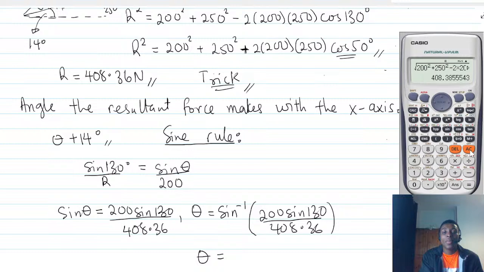Okay, so let's pick our calculators. Okay. So now what is it then?